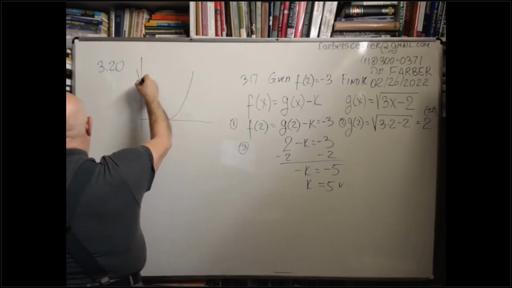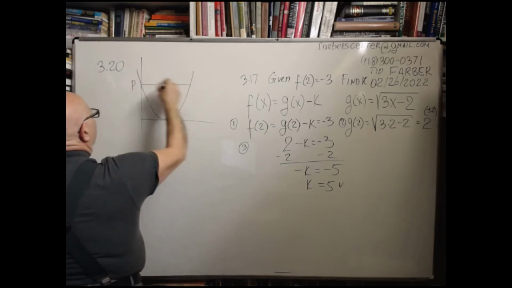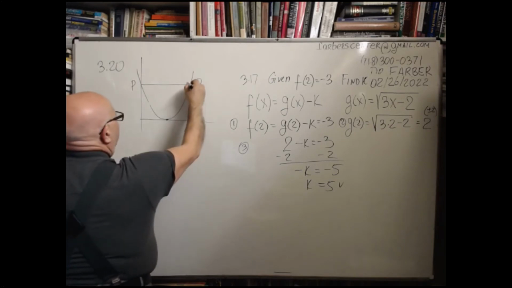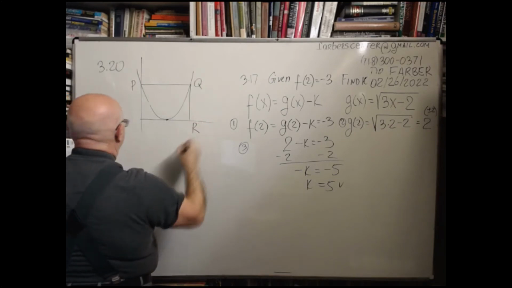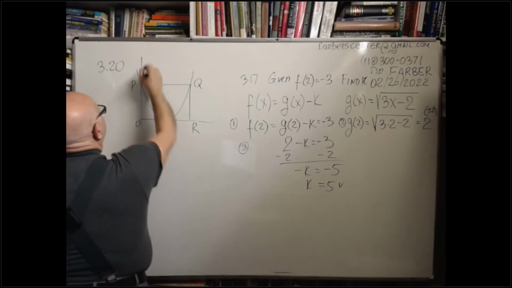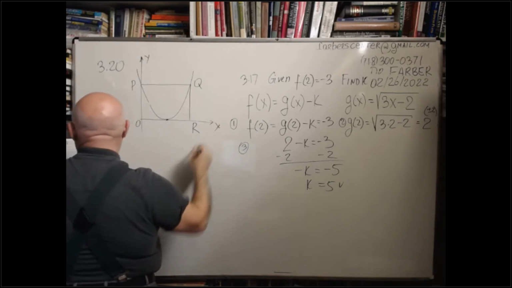And we have PQ, PQ, and this is R. This is the origin, Y, X. What else do we have?